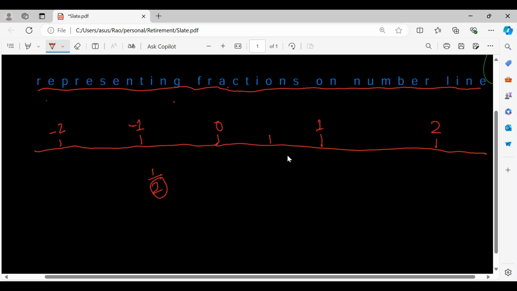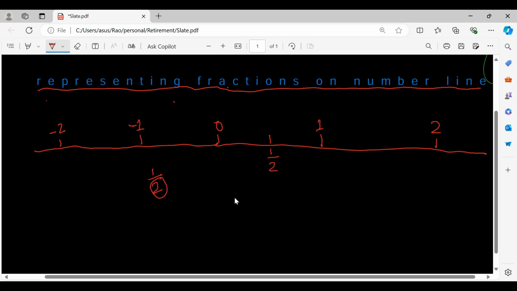If this has been divided into two parts, this is one part, 1 out of 2, and it will be shown like this. This is 1 by 2.